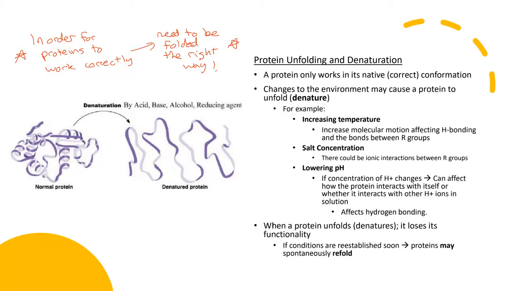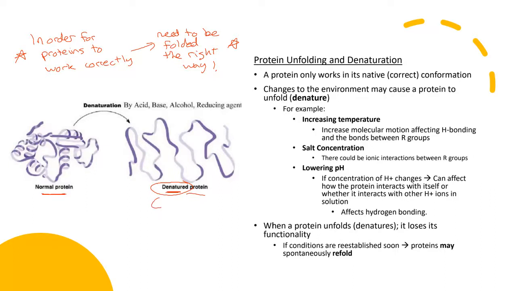But sometimes these proteins, if you put them in a different environment, you can unfold them. It's called denaturing them. So it's a normal protein. What happens if you put it in an environment that is not the best environment for this protein? The protein can get denatured.